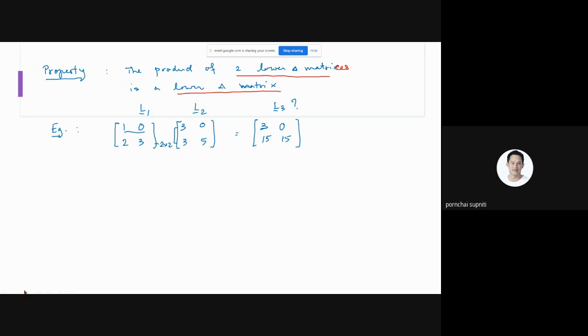So we can also define another property similarly. Let me just write it, otherwise it's too messy.